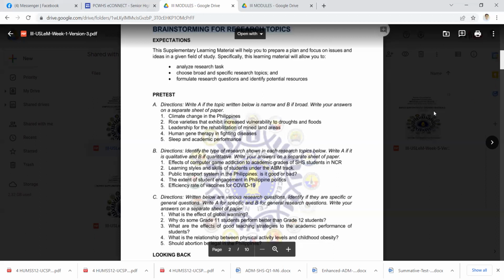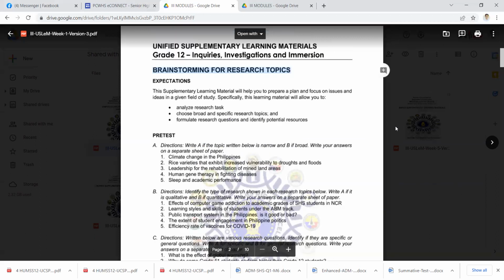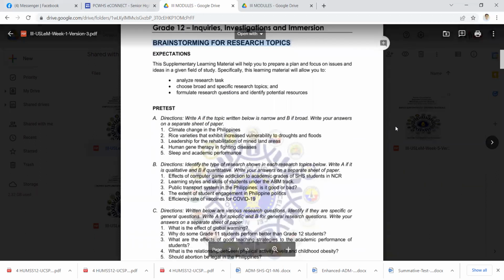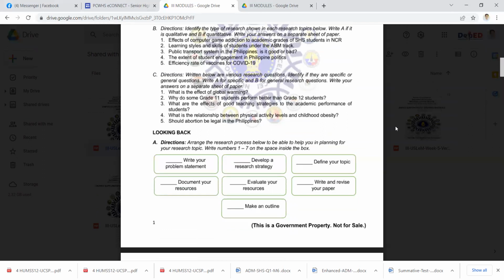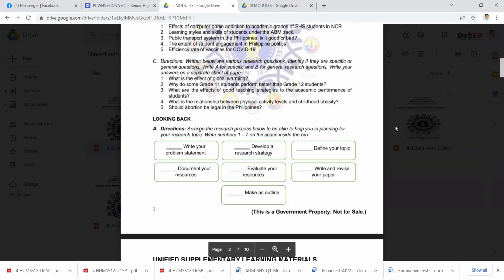Okay. Now, going back to the previous discussion, if you remember during your research one and research two, you can answer all the pre-test correctly. Now, for our D1, you have to answer the looking back.